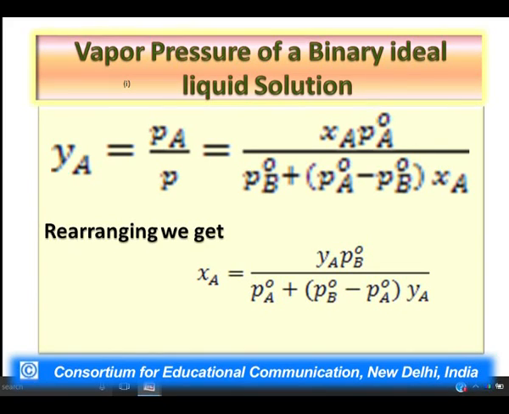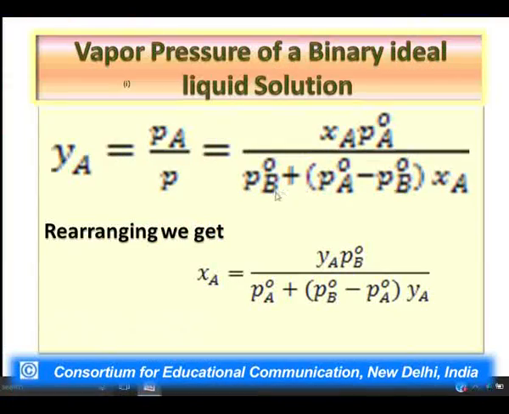It means if a liquid phase is in equilibrium with vapor phase, then if we know the liquid phase composition and vapor pressure of pure components, we can easily obtain composition in vapor phase, or vice versa. That is, if we have a composition in vapor phase and also the vapor pressure of pure components A and B, in that situation we can easily obtain composition in liquid phase.